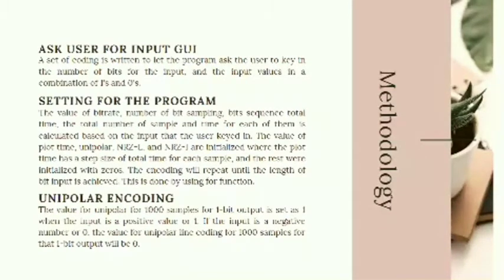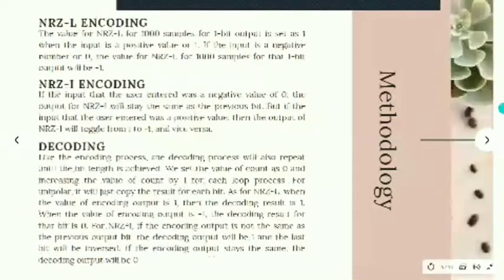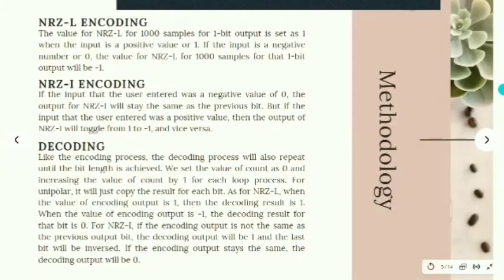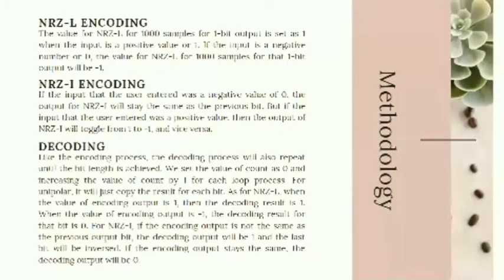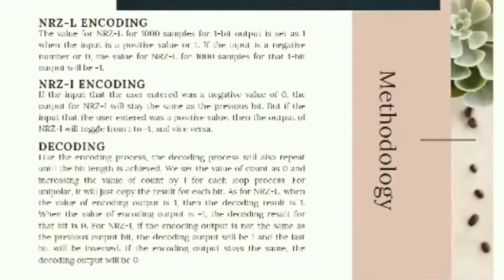The fourth step is we set the NRZ-L encoding, and the fifth one is we set the NRZ-I encoding. The NRZ-L encoding is similar to the unipolar encoding, but we change the amplitude of the graph, which is -1 for NRZ-L and 0 for unipolar. Next is decoding.